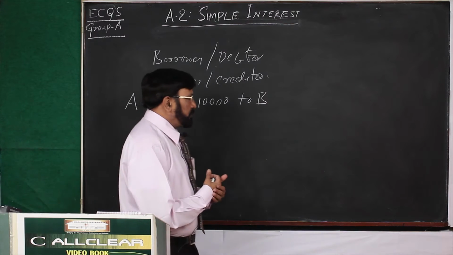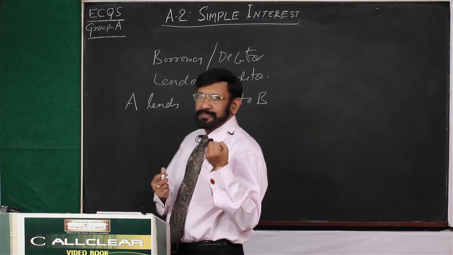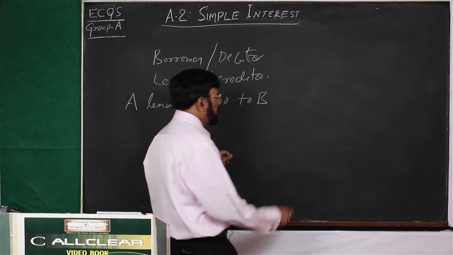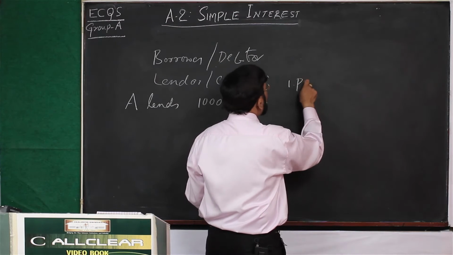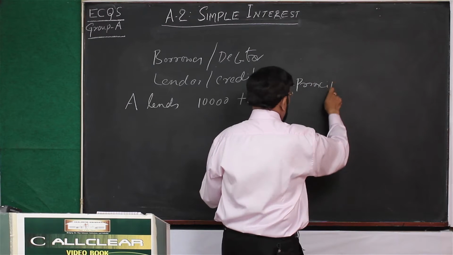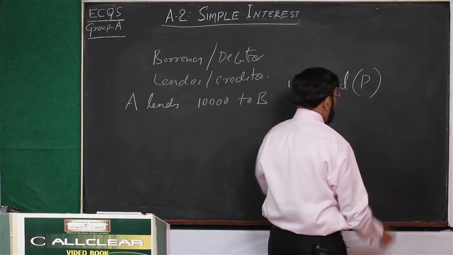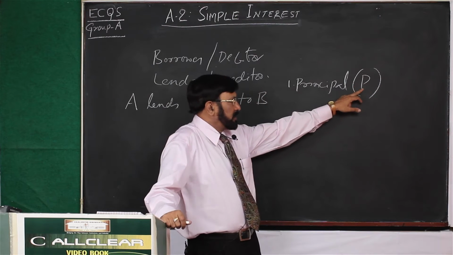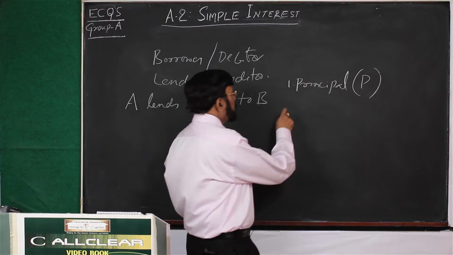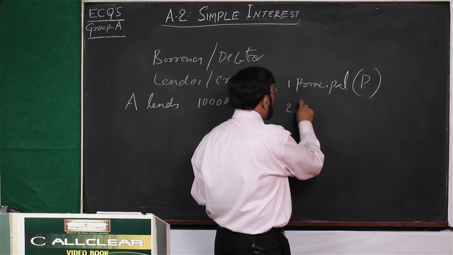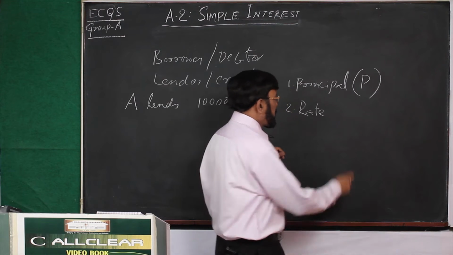In order to understand this concept, we have to understand 5 terms. Totally 5 terms, and now you see that the first one is principal. Hereafter in all our formulas, for the sake of simplicity, we use it as P. P is principal. The second one is rate. Rate means rate of interest.